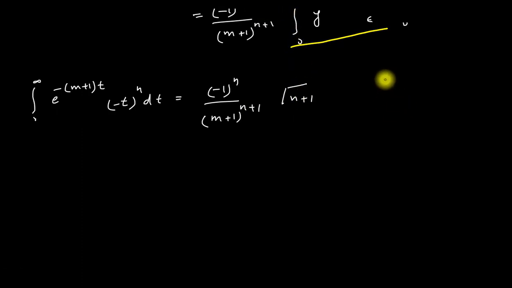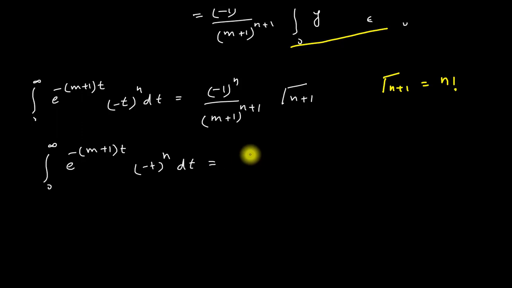Now, according to the property of the gamma function, gamma of n plus 1 is equal to n factorial. So this equation will become the integral from 0 to infinity of e to the power minus (m+1)t (minus t) to the power n dt, which will become equal to (minus 1) to the power n factorial divided by (m+1) to the power n+1.